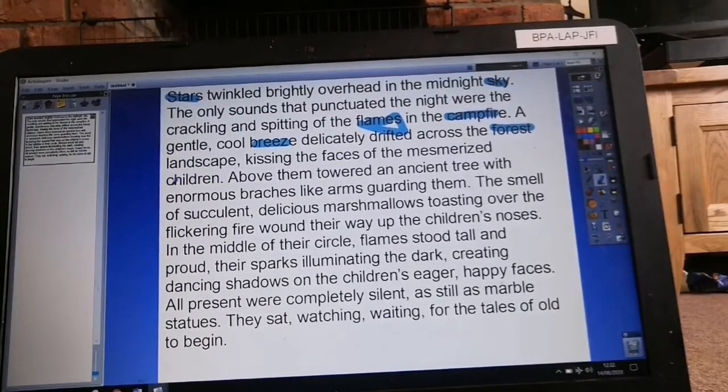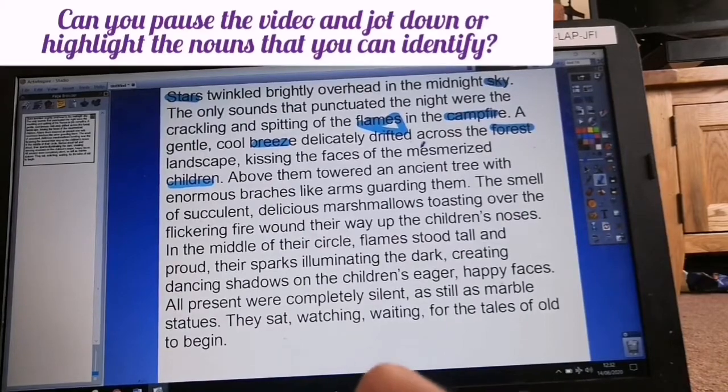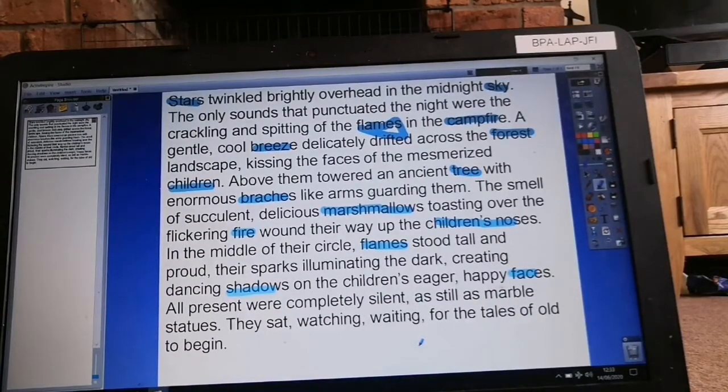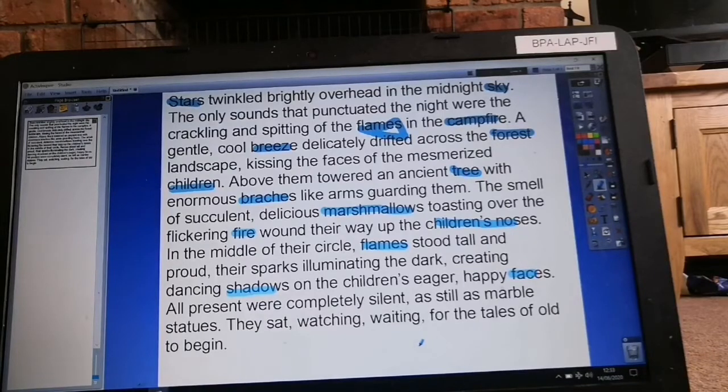We're going to be drawing children, a tree. So those are the key nouns that are in that piece of writing that we really need to consider when drawing our picture to show what this piece of writing is describing.